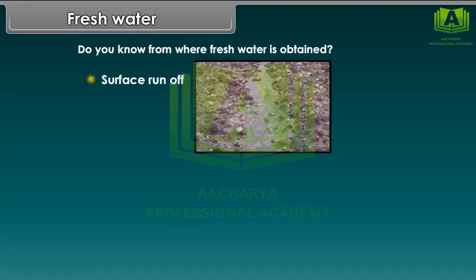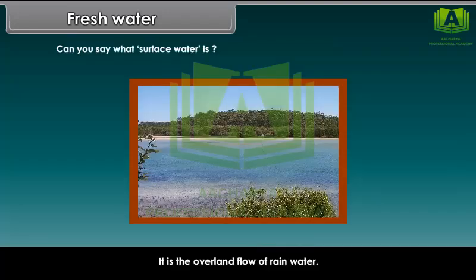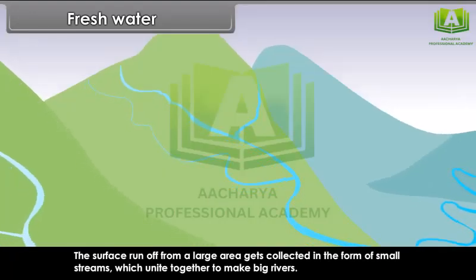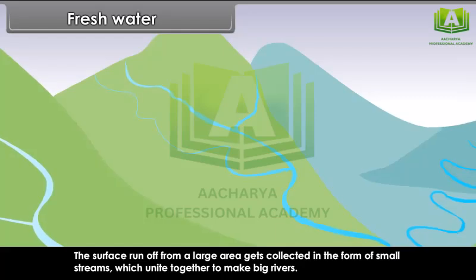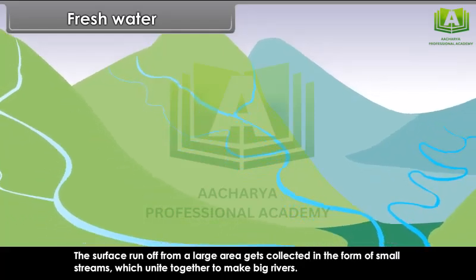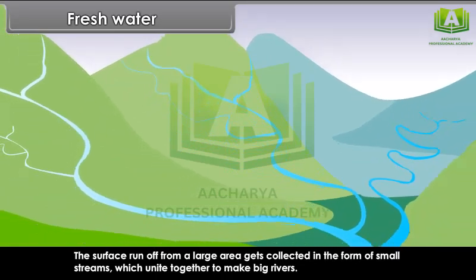Surface runoff. Groundwater. Can you say what surface water is? It is the overland flow of rainwater. The surface runoff from a large area gets collected in the form of small streams which unite together to make big rivers.